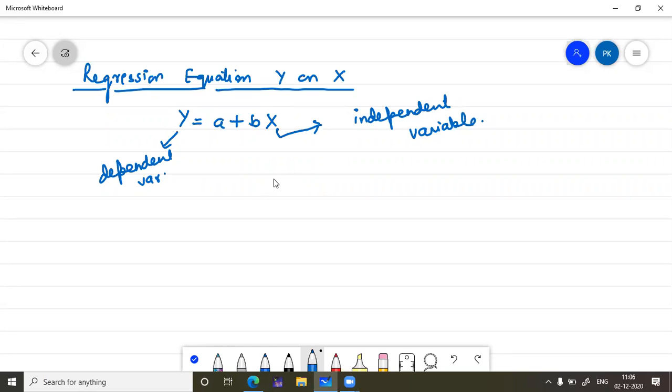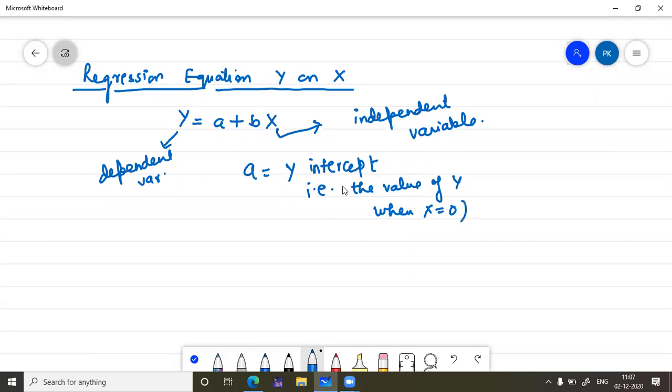What is a here? a is the y intercept, the value of y when x is equal to 0.